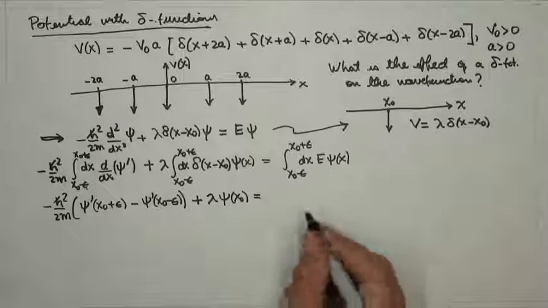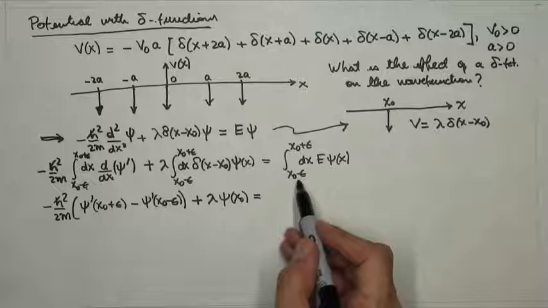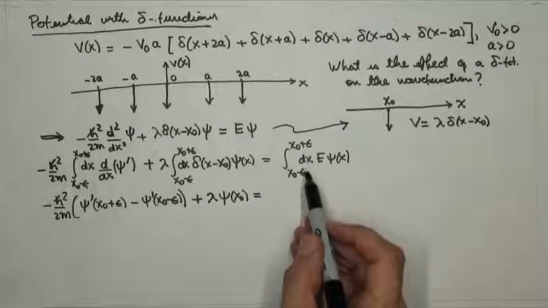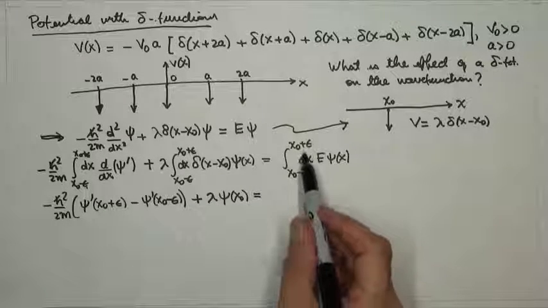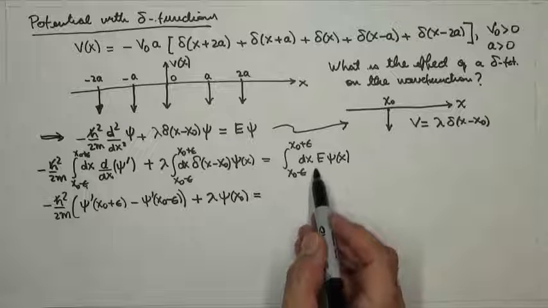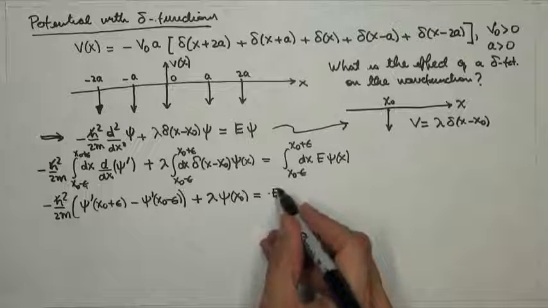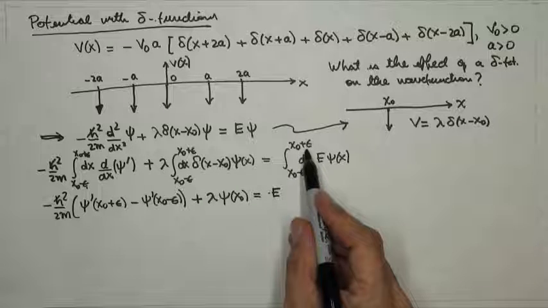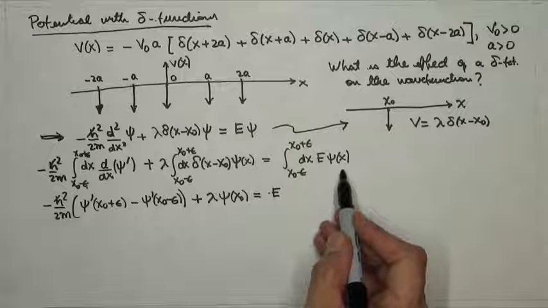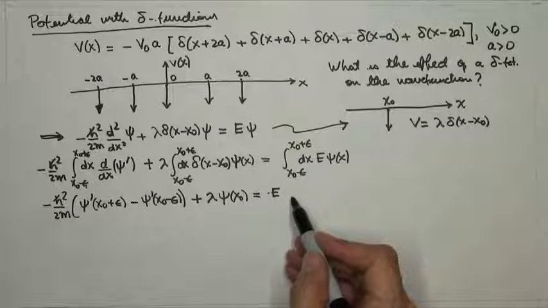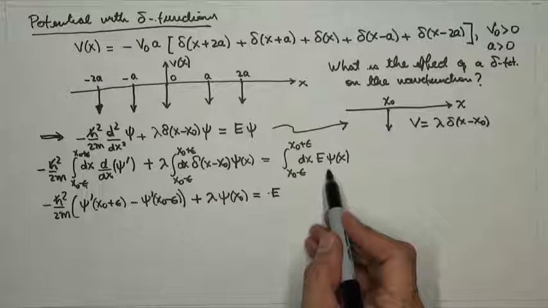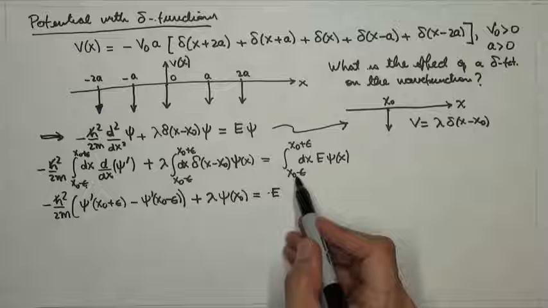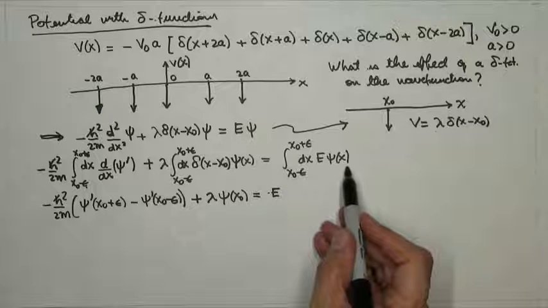And on the right-hand side, let's assume epsilon is small enough that we can evaluate this integral. So we will have E, and the integral from a little before x0 to a little after of psi of x. Now recall, the Schrödinger equation forces psi to be continuous. So in this small interval, psi cannot change much.